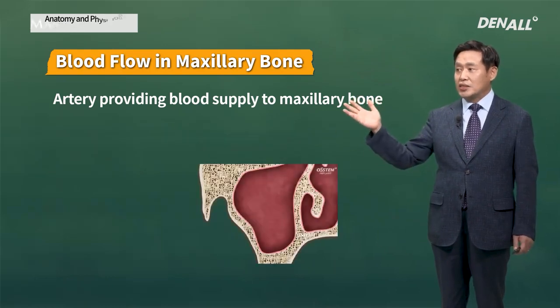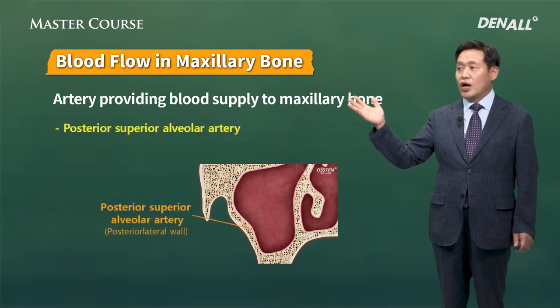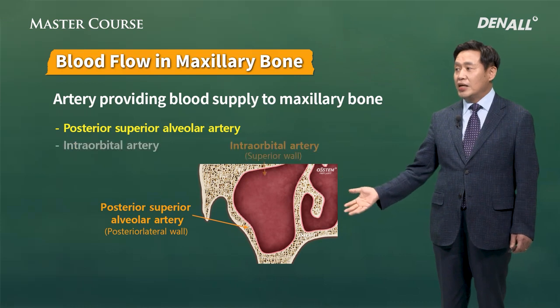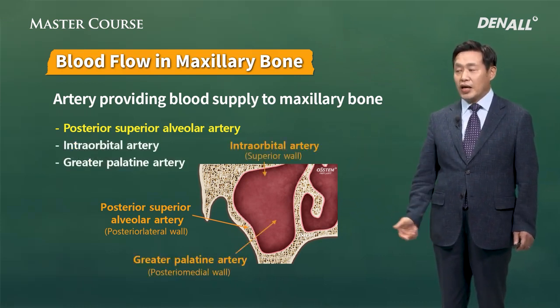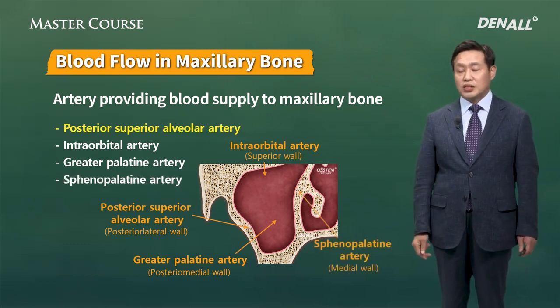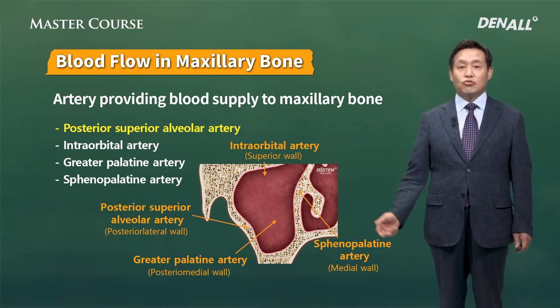For the maxillary sinus blood supply, the most important arteries are the posterior superior alveolar artery, and the infraorbital artery in the front, and the greater palatine artery, and the sphenopalatine artery. Through various branches, the blood supply is made.